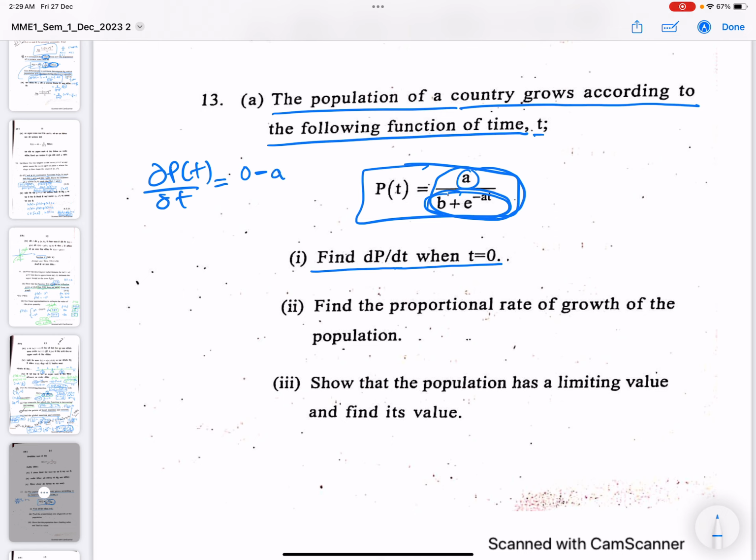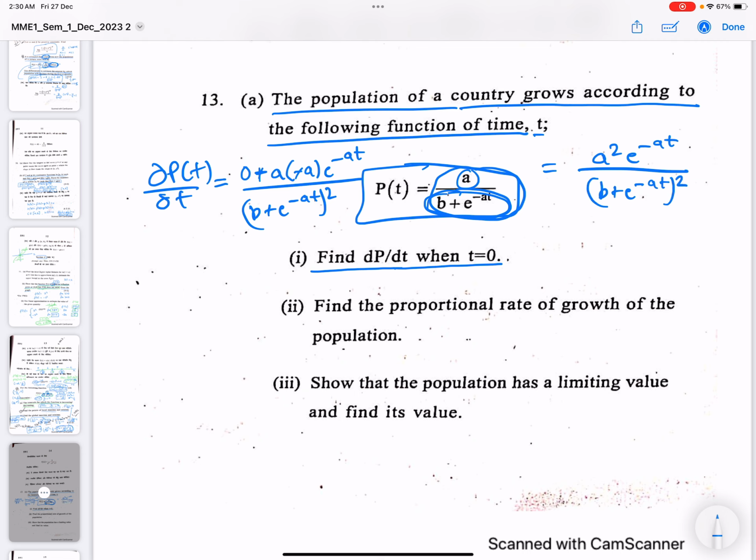So the derivative of this would be minus a e to the power minus at upon (b plus e to the power minus at) whole square. So minus minus a would be positive only. So you will have a square e to the power minus at upon (b plus e to the power minus at) whole square.